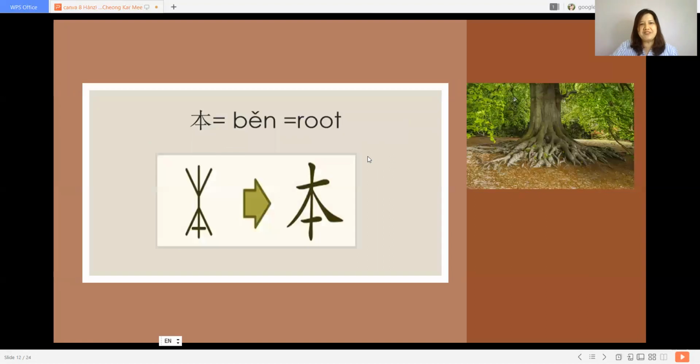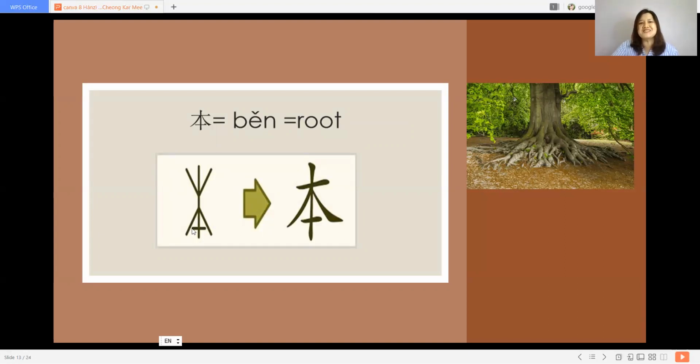How about this one? Okay, ben. The original meaning of ben means root. Okay, there's a tree here. You can picture there's a tree. Okay, so before that, you see this one is the original word, which means tree. But now we are going to add one line at the bottom.